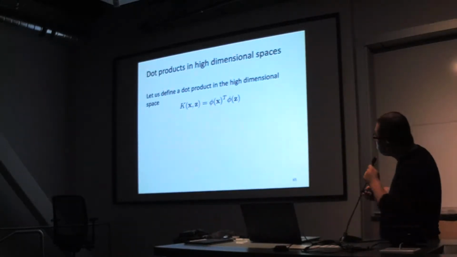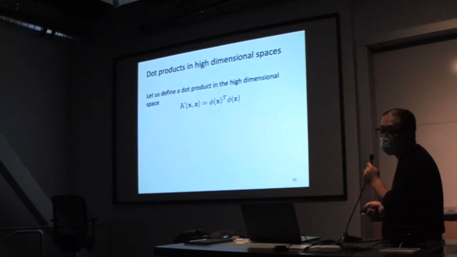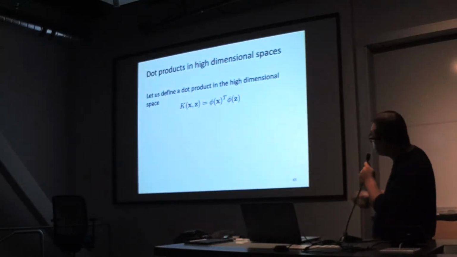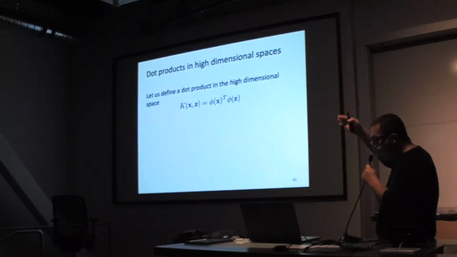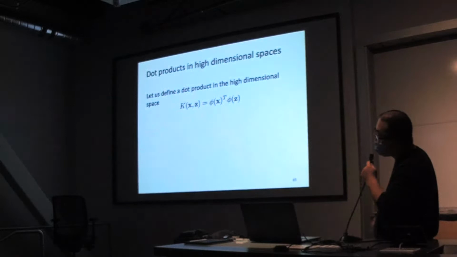So now let us define this result as a function of the inputs x and z. For any two inputs x and z, we define the result that you first map x through phi and map z through phi to this new higher dimensional feature space, and then do the dot product in the new feature space. This value we denote as the function value k of these two arguments x and z.